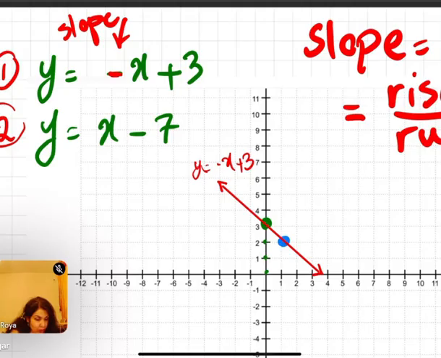Let's go to equation 2, y equal to x minus 7. You can see here the y-intercept is negative 7.